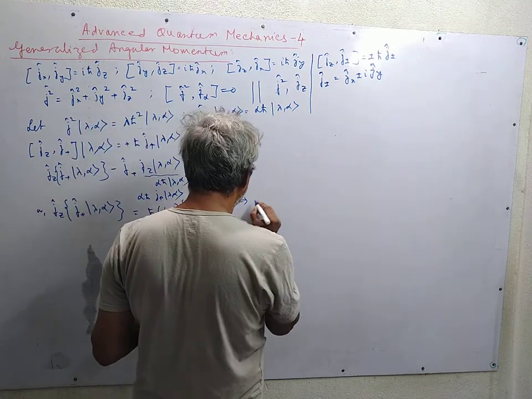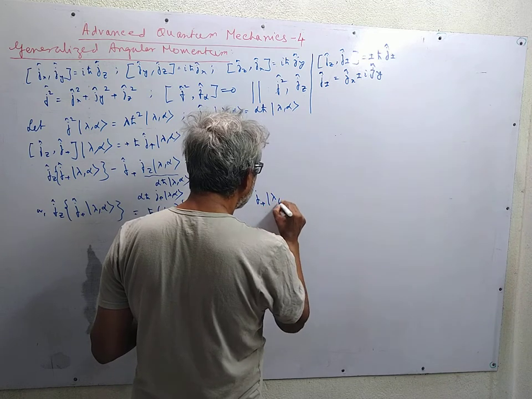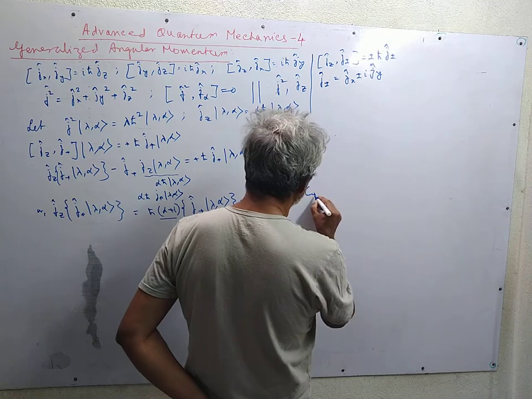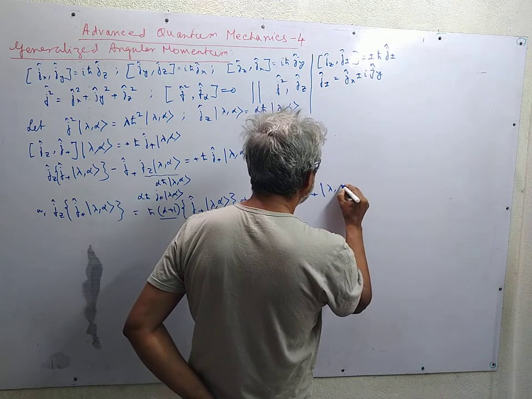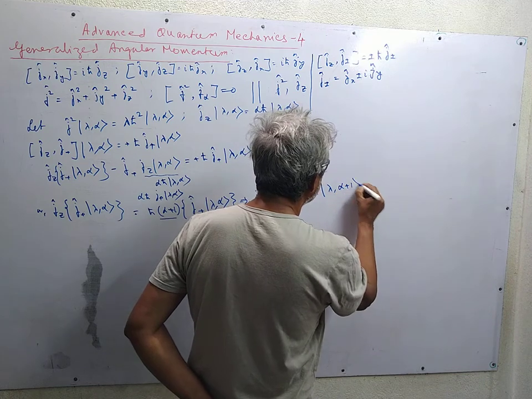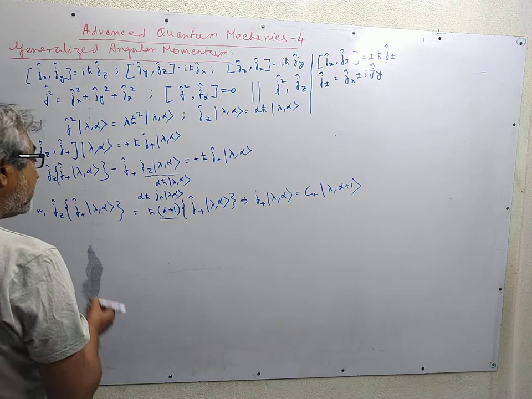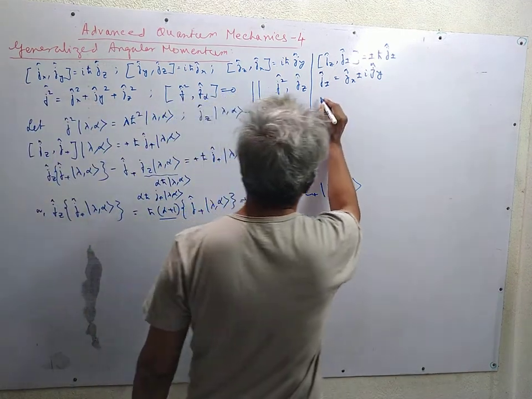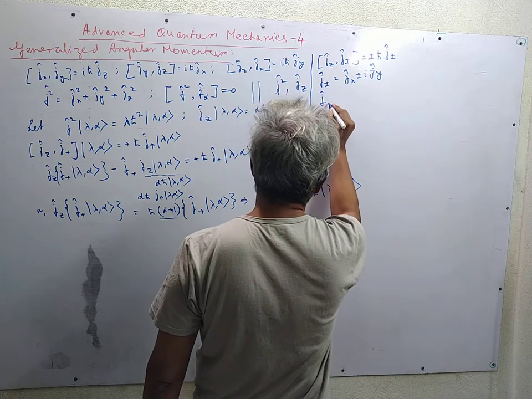That is to say, J+ operating on |λ α⟩ gives you a state, a constant C+ times |λ, α+1⟩. The λ value remains the same, the α value is increased by 1. So this is the raising operator. Similarly, we see that when J- operates on |λ α⟩, the α value is decreased by 1.